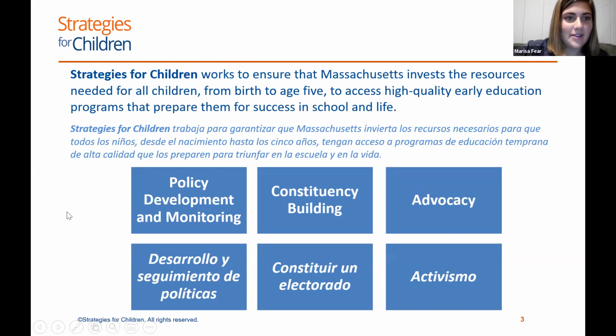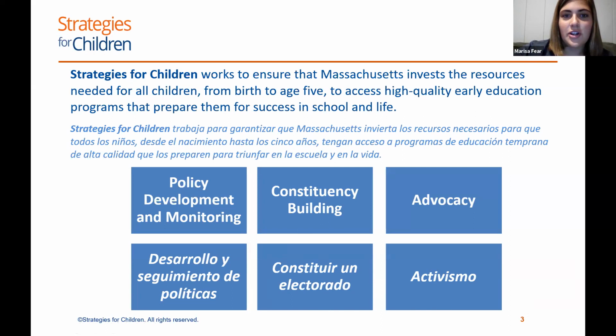Thank you, Amy. So today we are going to be talking a little bit about the EEC ARPA Child Care Stabilization Grant, which was newly released in Massachusetts. Before we start, I want to share a little bit about who we are at Strategies for Children.